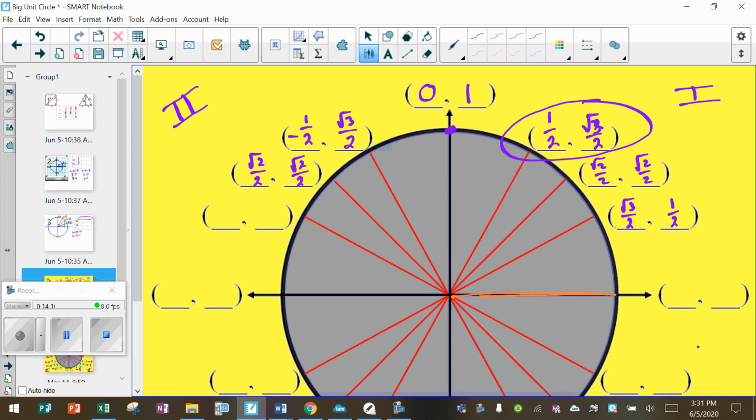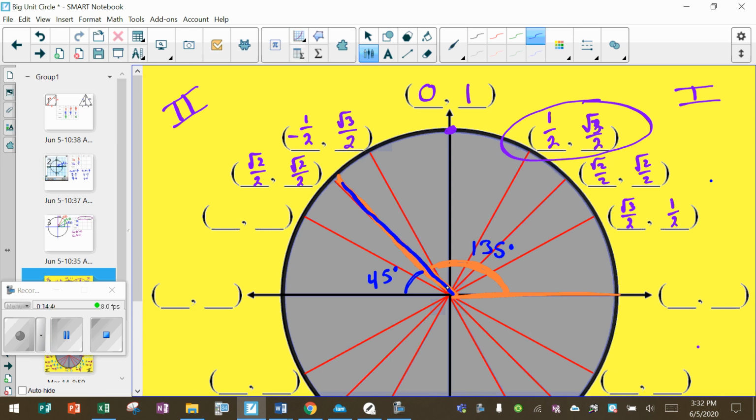So from the positive x-axis to the next point we're filling in, we have a 135-degree angle, but that 135-degree angle has a reference angle of 45 degrees because they both lead to the same terminal side.